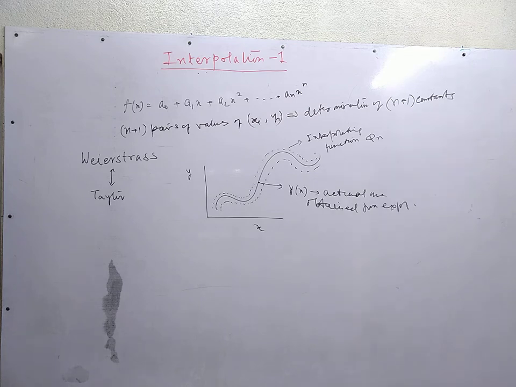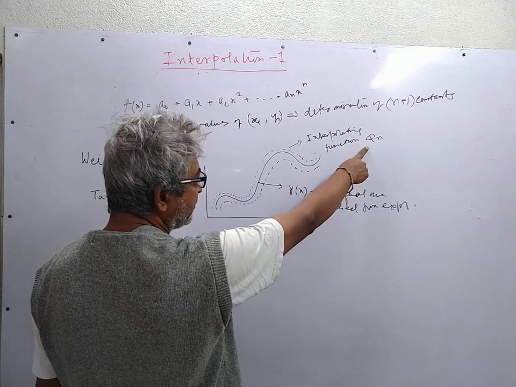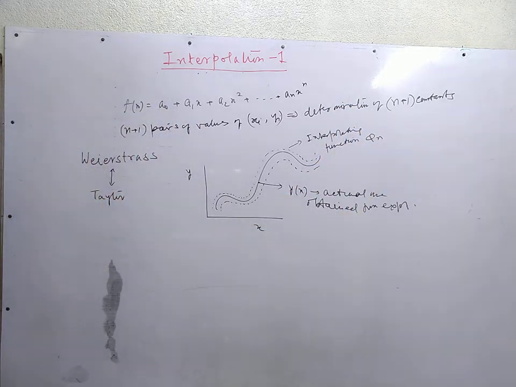Now we are interested only in polynomial interpolation, that is, the exact function y will be approximated by a polynomial function phi n, as per the Weierstrass principle. And if we are supplied with n plus 1 pairs of data, then we can at most assume phi n to be a polynomial of order n.